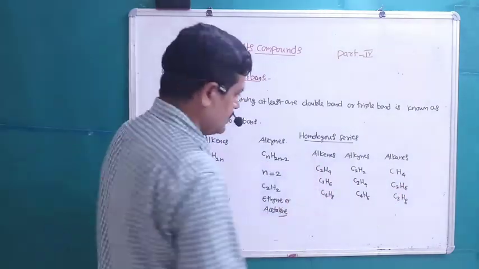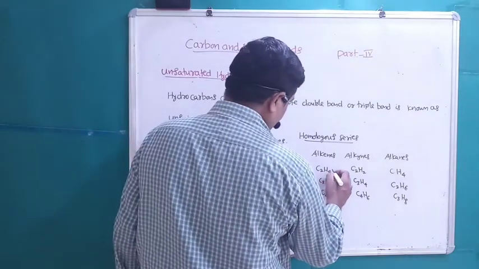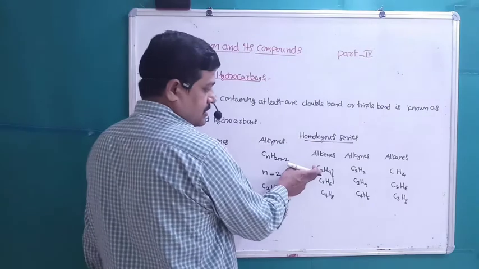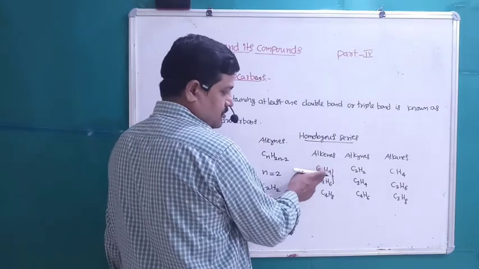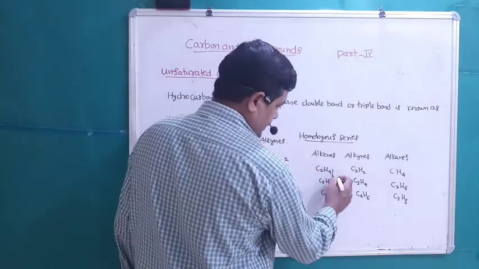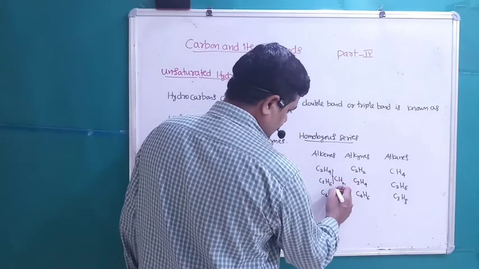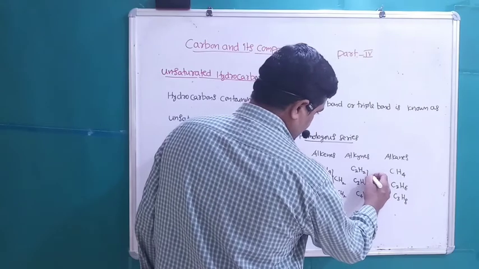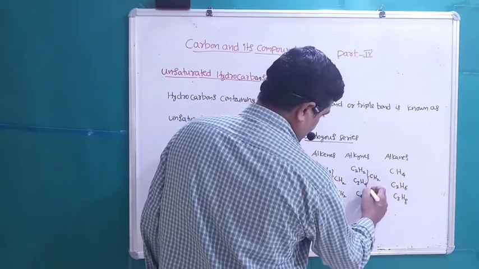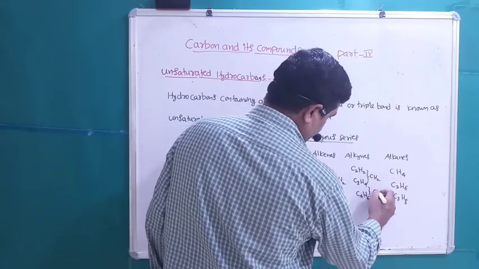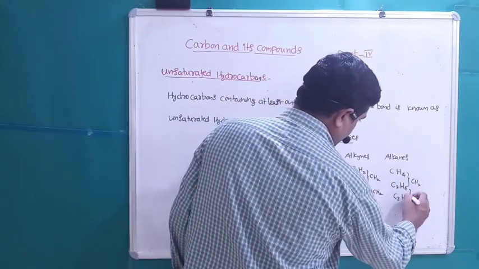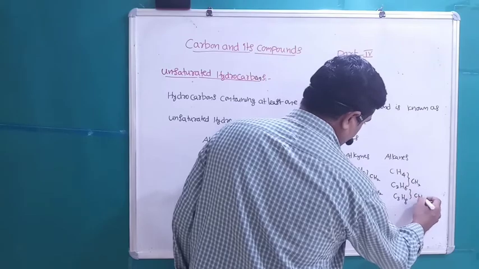Later members. When we take the difference between two successive members, right? This is CH4, C2H6. The difference we get is CH2. The difference here we get is CH2, right? This is CH2. The difference is CH2. Here also CH2. Here also we get CH2.